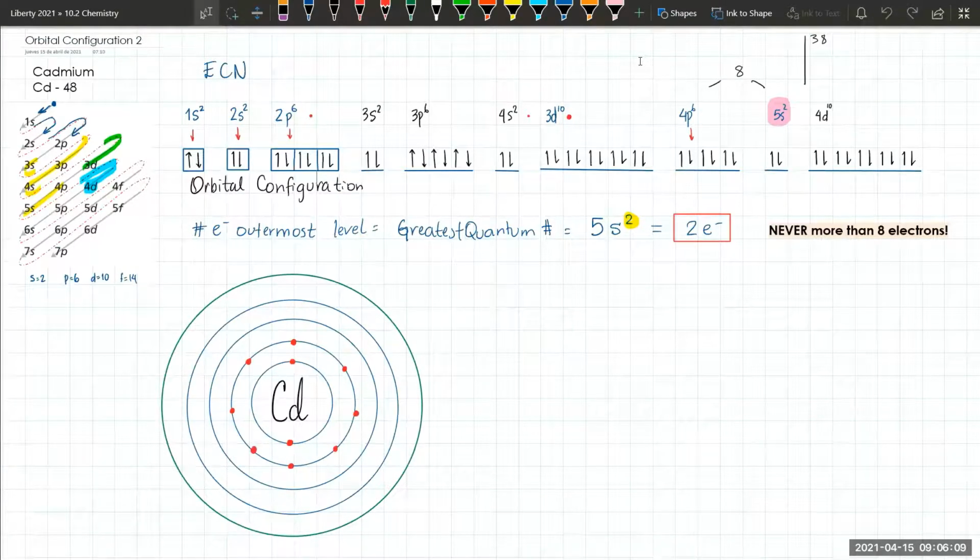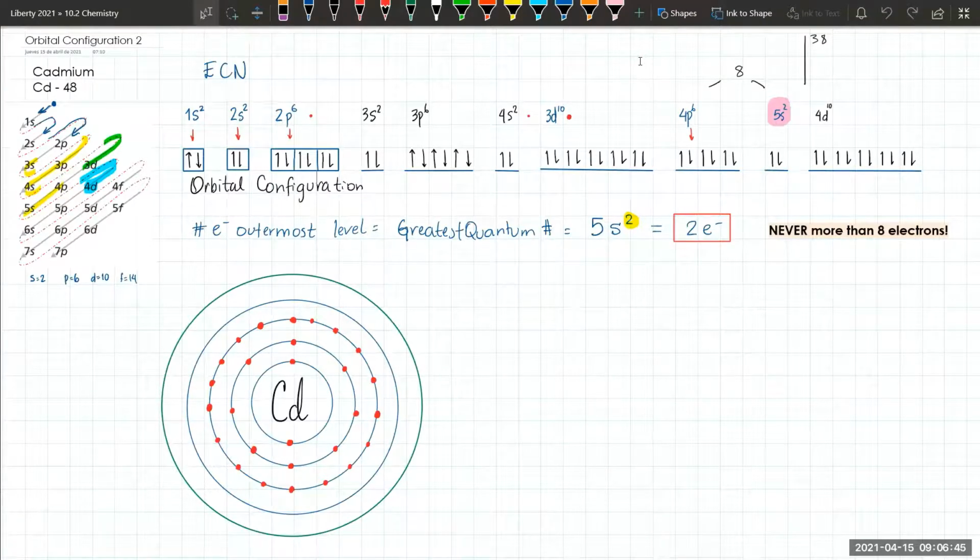In the third orbital, how many electrons do I have? 18. I have 18. 1, 2, 3, 4, 5, 6, 7, 8, 9, 10, 11, 12, 13, 14, 15, 16, 17, 18. Now, in the fourth ring, how many am I going to have? 18.